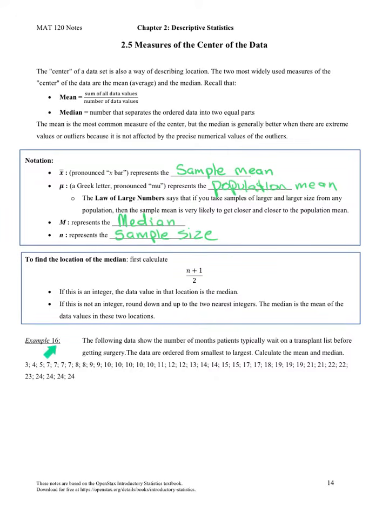Consider example 16, with the number of months patients typically wait on a transplant list before the surgery. Our data is already ordered from smallest to largest. We're asked to find the mean and the median. Recall, to find the mean, you have to add up all of these pieces of data and then divide by the number of pieces of data.